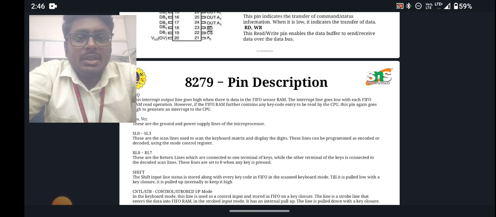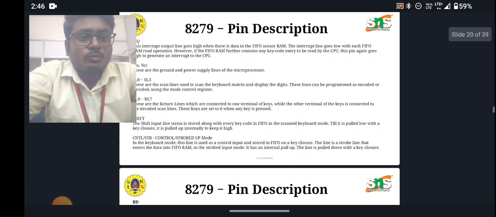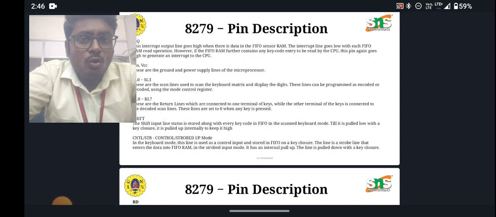Shift key. The shift input line status is stored along with every key code in the first in first out in the scanned keyboard mode, till it is pulled low with the key closure. It is pulled up internally to keep it high. Whereas CNTL or STB, control or strobed input mode.